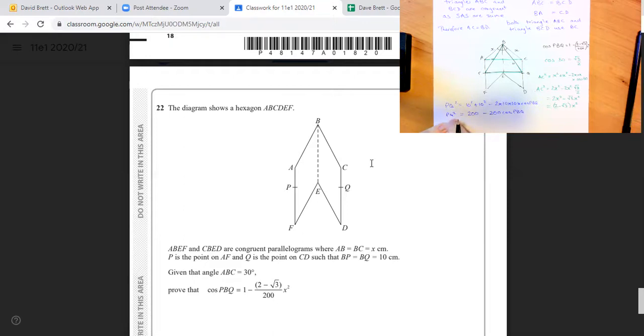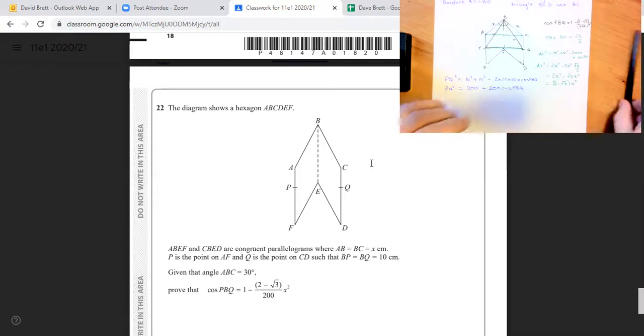Now I know that PQ squared must be the same as AC squared, so this here must equal this here. So 200 minus 200 cos PBQ must equal (2 minus root 3) x squared.